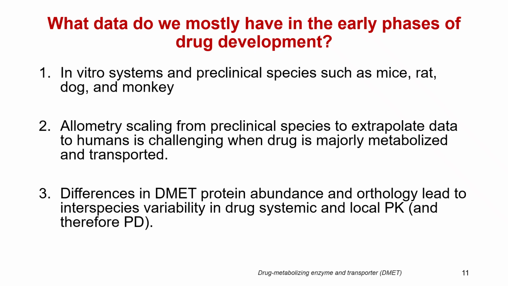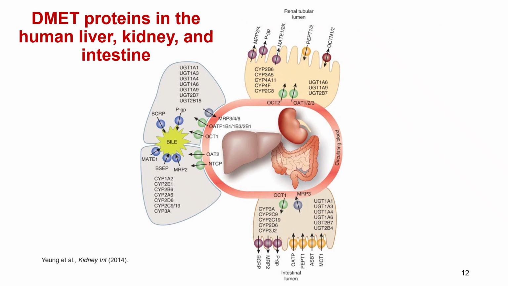Here, just as a recap, I want to illustrate the vast majority of drug-metabolizing enzymes and transporter proteins present in the human liver, kidney, and intestine, which are the major organs of drug elimination. As shown here, a number of different enzymes and transporters play a role in drug disposition and also absorption in different segments of the intestine.